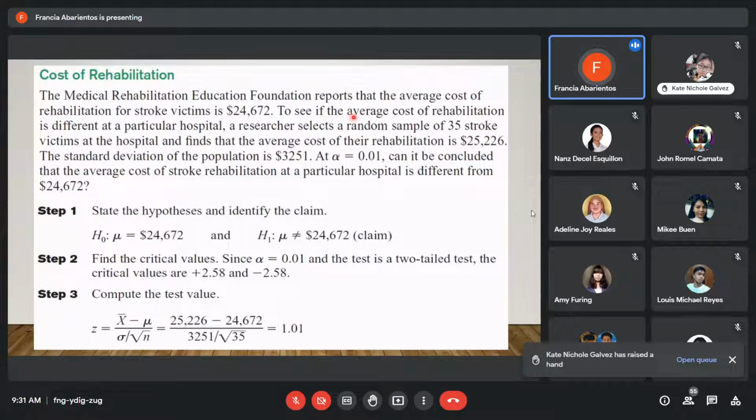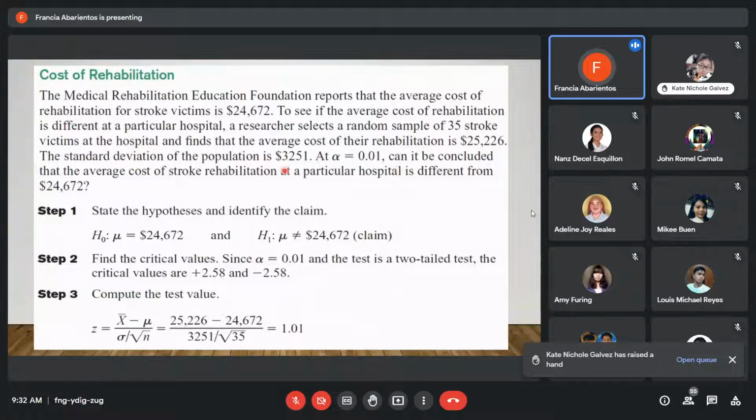And also another example, average cost of rehabilitation is different at a particular hospital. A researcher selects a random sample of 35 stroke victims at the hospital and finds that the average cost of their rehabilitation is 25,226. The standard deviation of the population is 3,251, and at a given level of significance, we have 0.01.